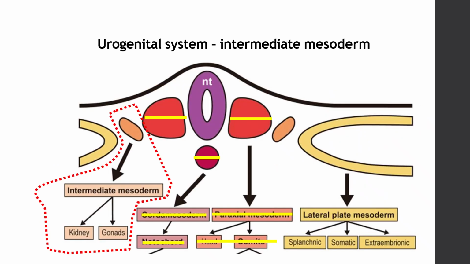We already talked about the paraxial mesoderm. Now we're going to focus on the intermediate mesoderm. We're going to mainly focus on the kidney in this section, and we are not going to talk about the gonad development for this reason.